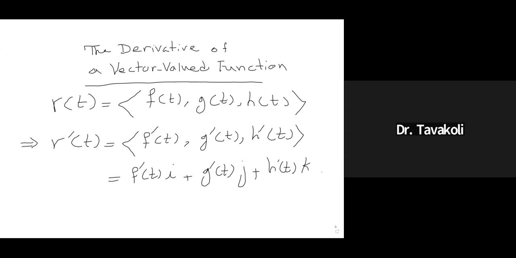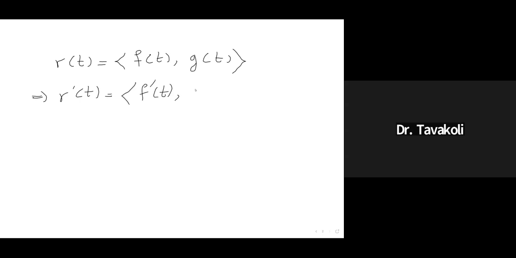In a similar manner, if r of t is in two-dimensional space, meaning that r of t consists of two coordinates, f of t and g of t, then r prime of t consists of f prime t and g prime t, provided that both f and g are differentiable.